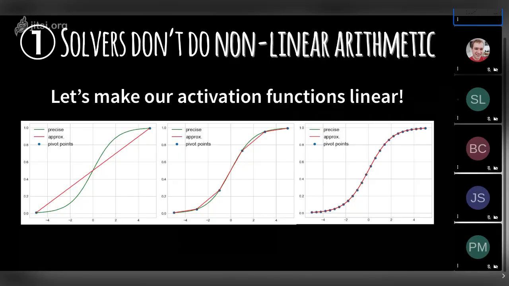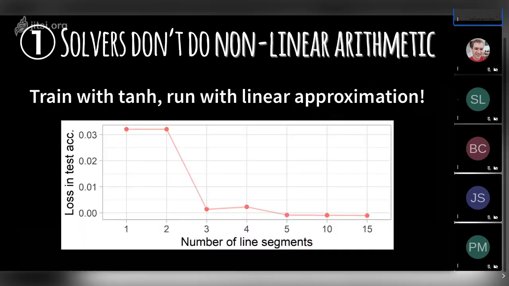Now we have more interesting algorithms for making these piecewise linear activation functions, but really, after doing some experiments, it seems that as long as n is larger than 3, it really works quite well. What you see here is a graph showing that we're training with the nonlinear h-swish function, and then when we run the network with the linear approximation, we show here the loss in test accuracy.